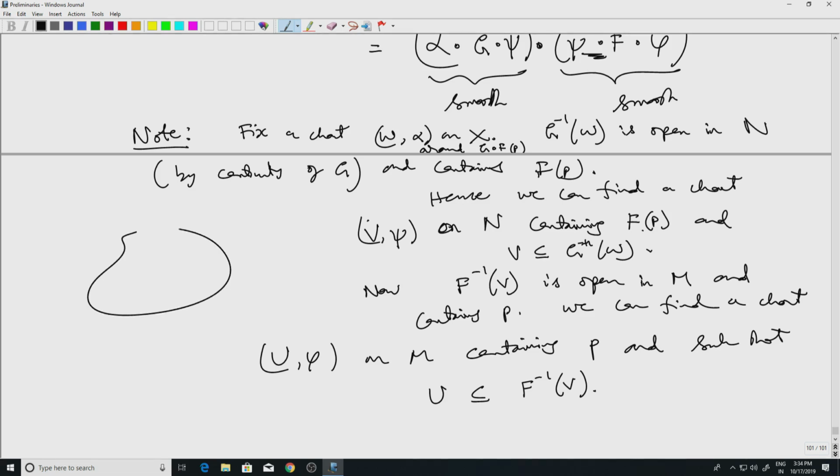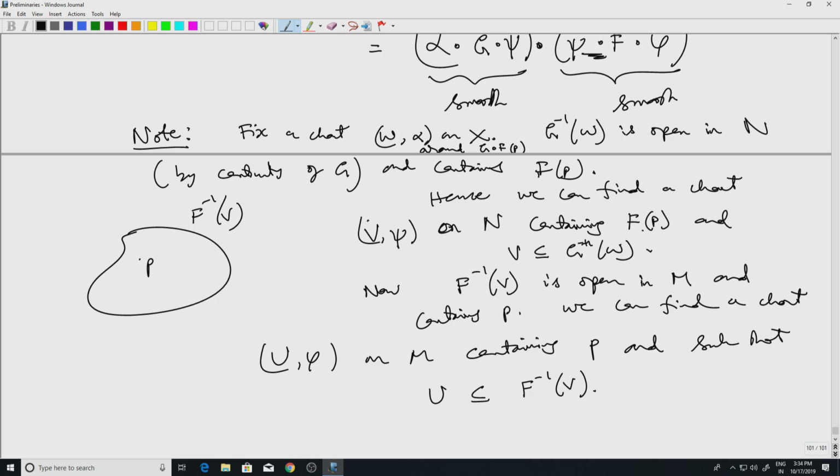So F inverse V is some open set. Actually, the same process is repeated twice here. I'll just deal with F inverse V. We had to do the same thing for G inverse W as well. F inverse V contains some P. We know that.